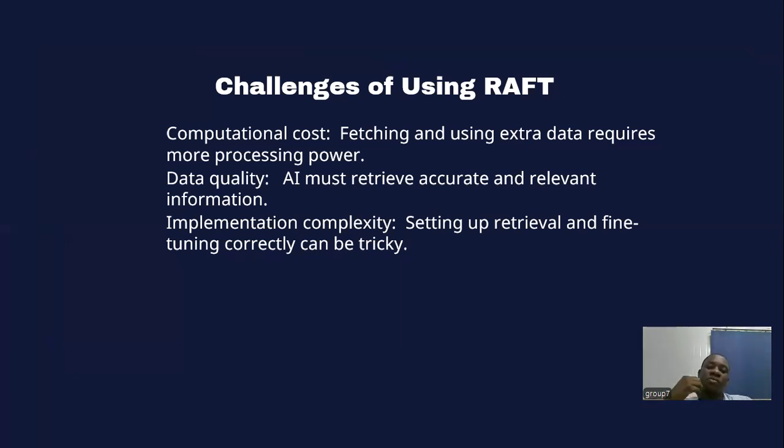Then data quality, because we are retrieving this information, we don't particularly mind its quality or its source. We just mind giving the user a response. Then implementation complexity: you will find that implementing this fine-tuned model may be a little bit complex.